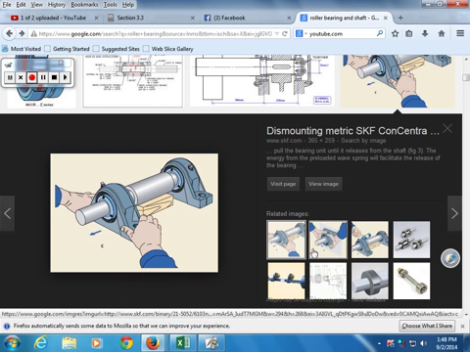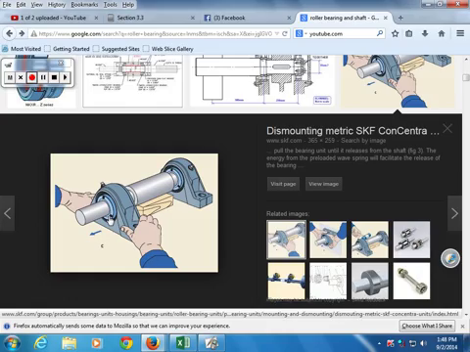Well, there's your shaft right there. Now, this is a bearing right here. Do you know what that's called? Bearing housing. It houses the bearing. And then there's your shaft. You see a lot of these in industry.